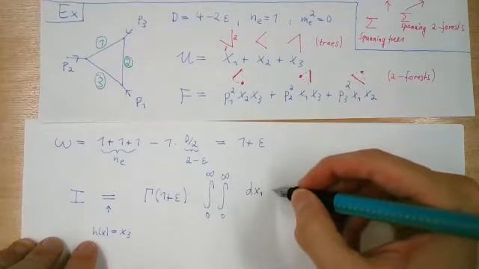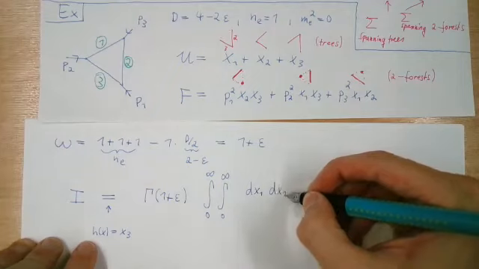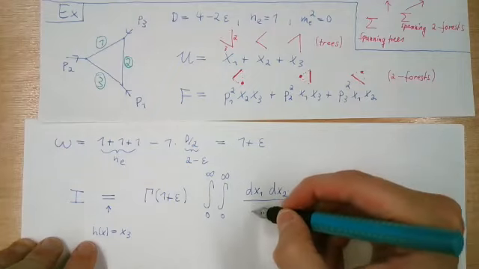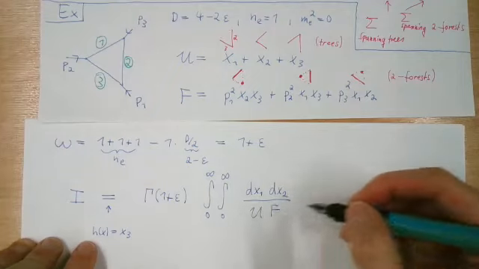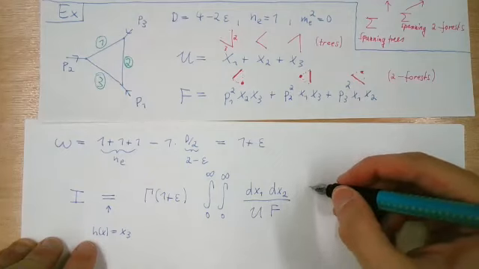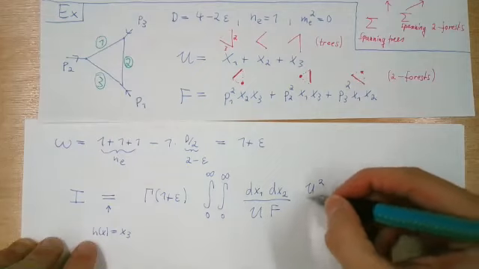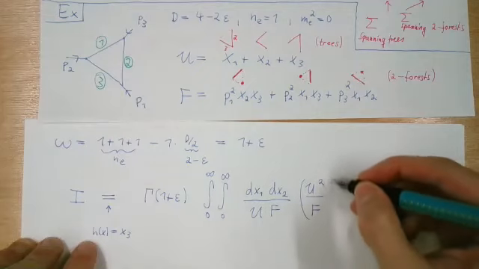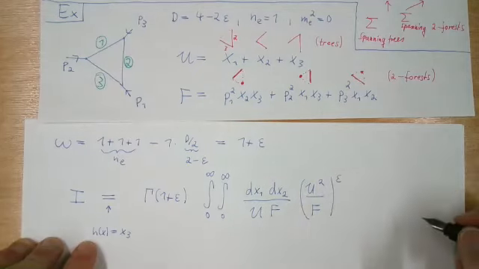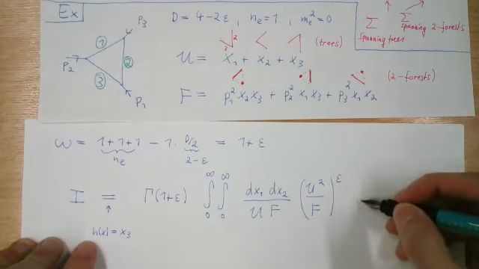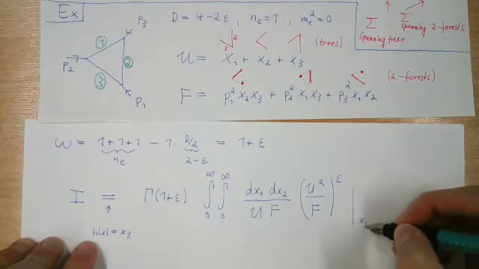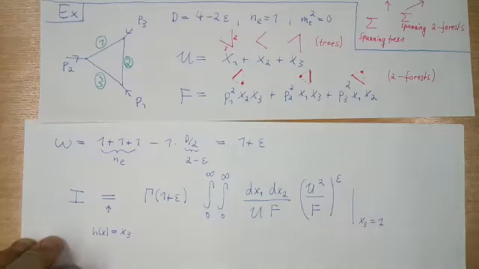And then because the indices are 1, you simply just get dx1, dx2 over UF. And then if you work out these exponents, you can rewrite it slightly and put all the epsilon dependence in this form. Everywhere here, I set x3 to 1 in these polynomials.